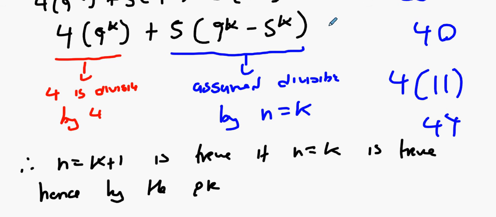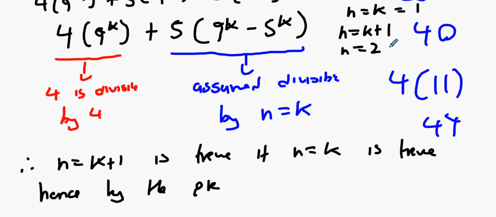And if we proved that 1 is true, then k equals 1 is true. That means k equals 2 would be true, and then that will result in k equals 3, 4, 5 all the way up. And as we said earlier, n equals k is true. And if we set k equal to 1, then n equals k plus 1 is true. And because k is 1, that means n equals 2 is true.